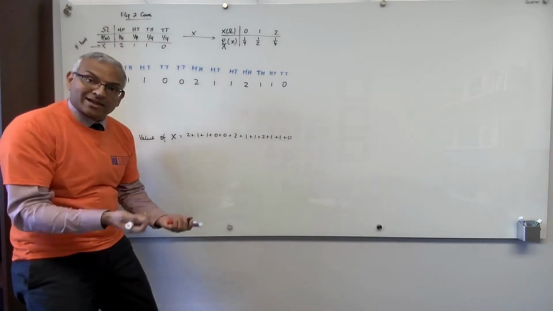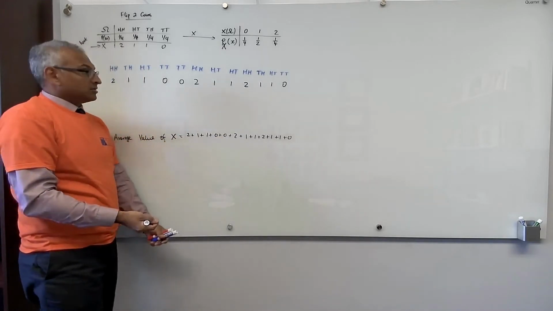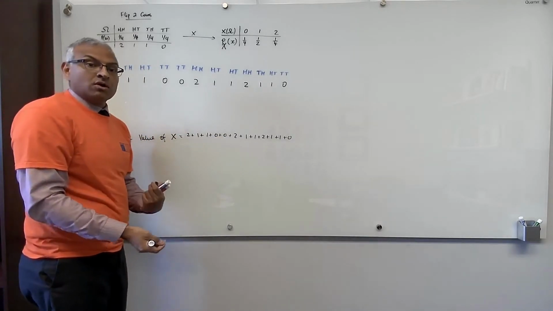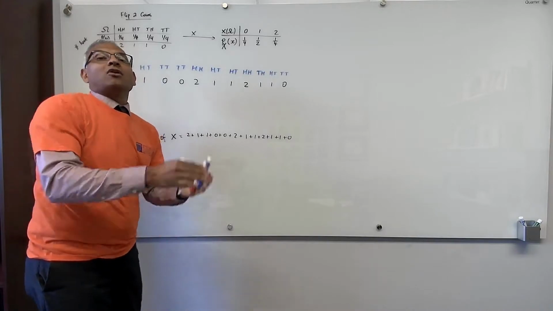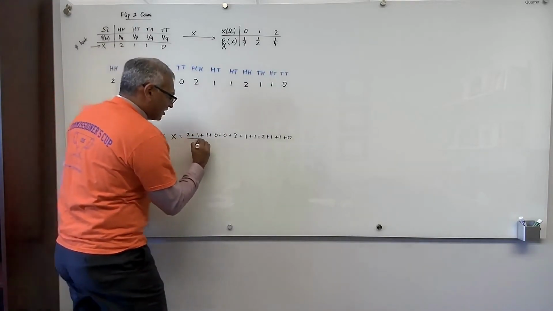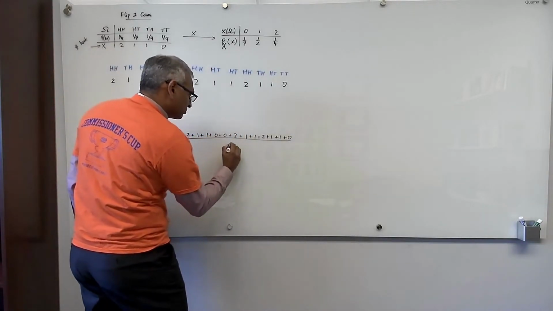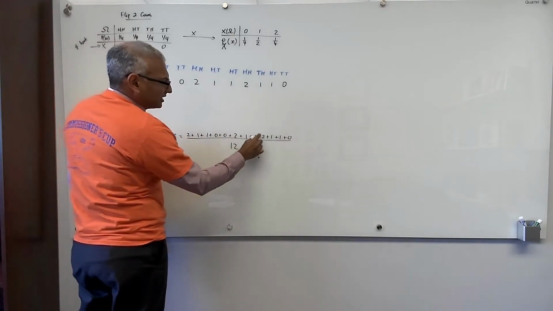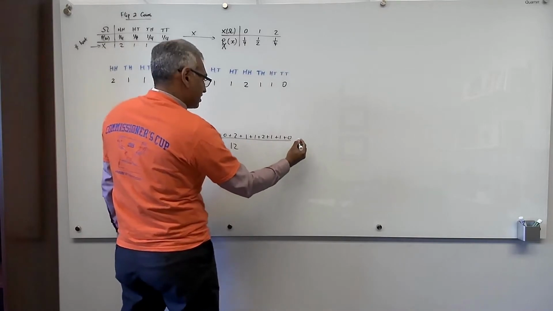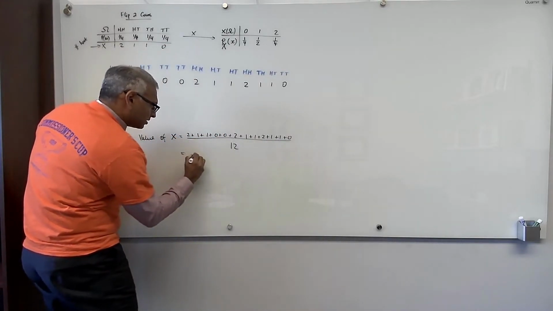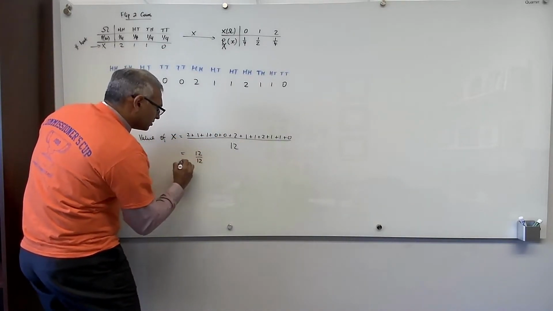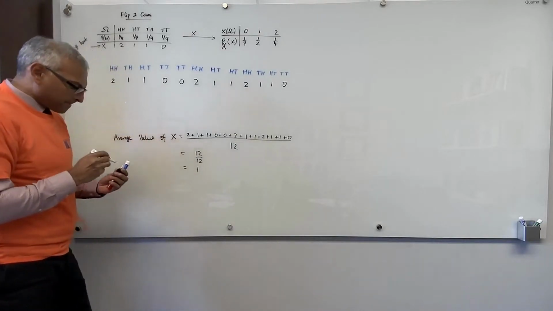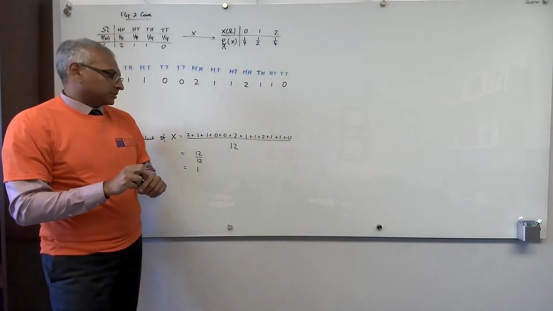That's the average value of the observed number of heads, the average value of X. So we have to divide by 12. Let's add it up: 2, 3, 4, 5, 6, 7, 8, 9, 10, 11, 12. So in this example, it's 12 over 12, which is 1.